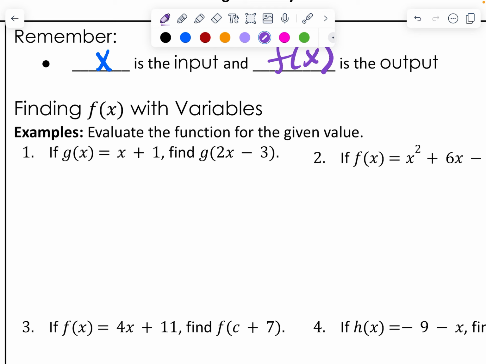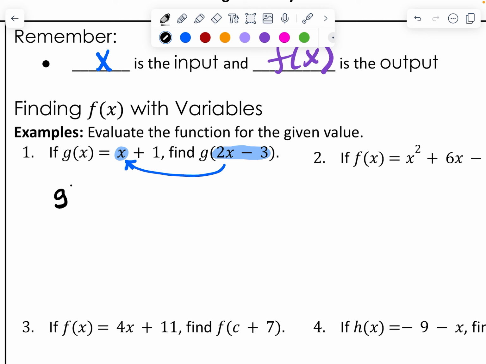In number one, if g of x equals x plus 1, find g of 2x minus 3. So now our input is this whole thing, 2x minus 3, and we'll be putting it here into our function. Remember, we're going to use parentheses when we put it into the function.